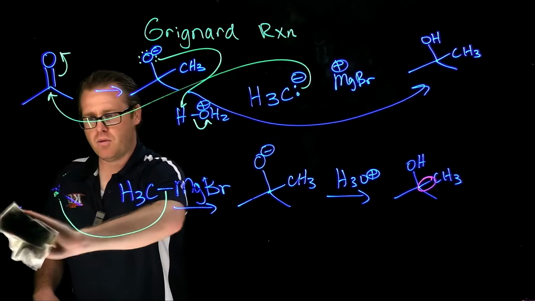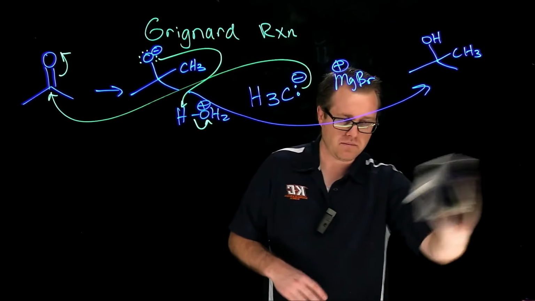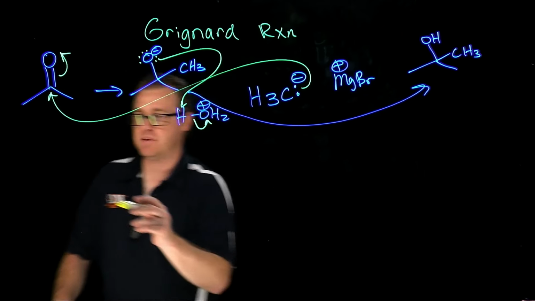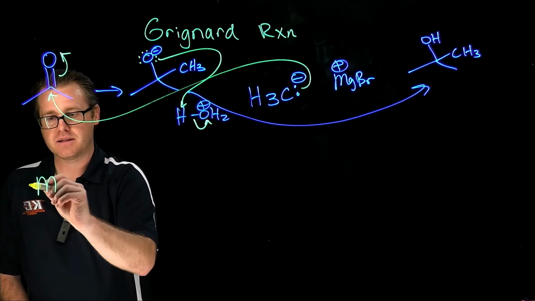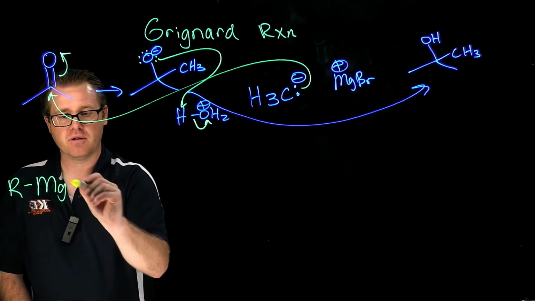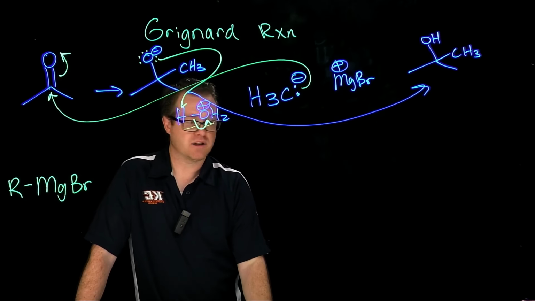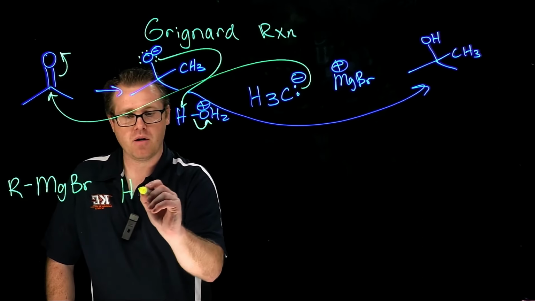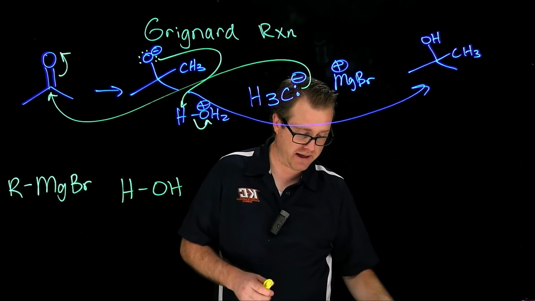Yeah, let's talk about one other thing, because I mentioned that the Grignard reagent can also behave as a base. And so this explains why, if you have, let's just say, a general Grignard reaction, it is so bad to have water present. Because if we have a water molecule, we know water can behave as an acid and a base.